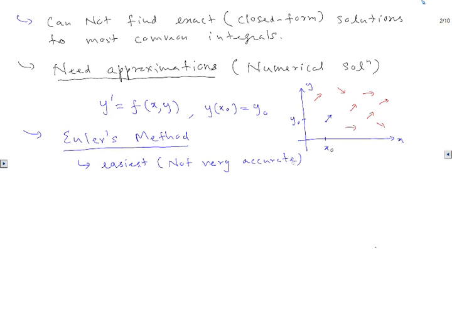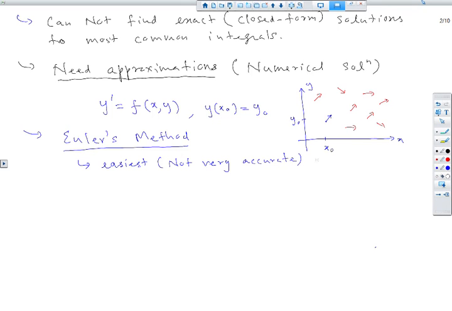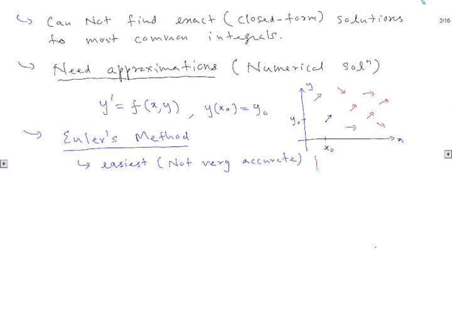Good. And who is Euler actually? Euler is one of the most influential mathematicians. He's called Leonhard Euler, 1707 to 1783, if I'm right.